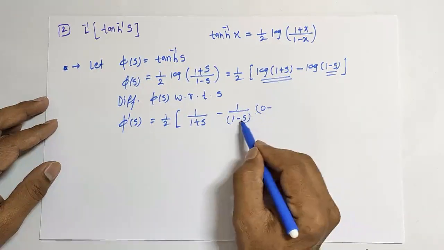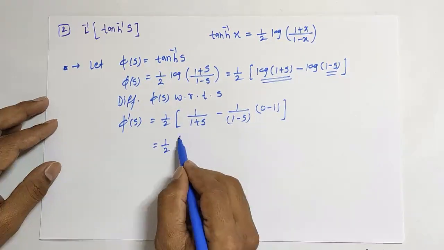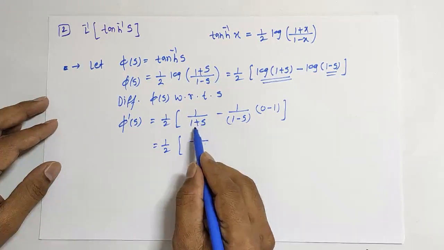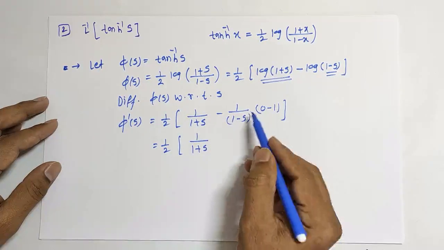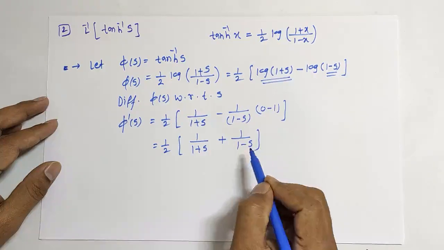So derivative of 1 is 0 and of s is 1. So this is there. So 1 by 2 into 1 upon 1 plus s, this minus minus becomes plus 1 upon 1 minus s.